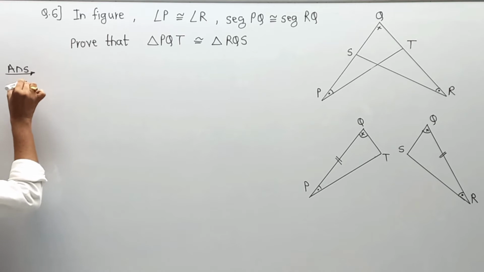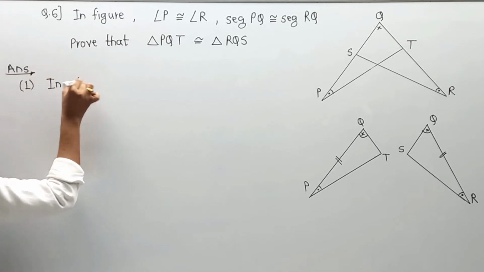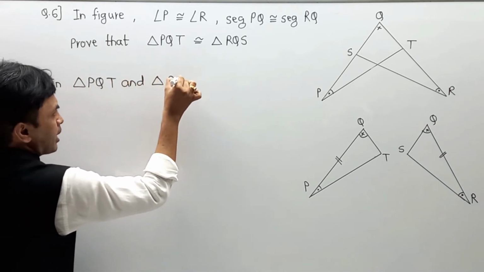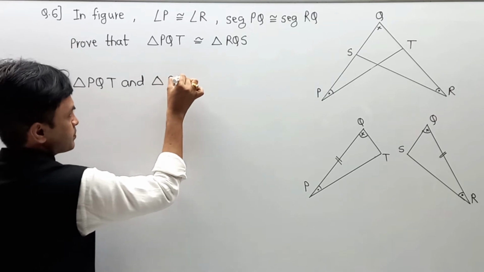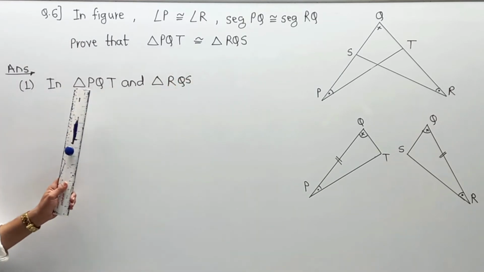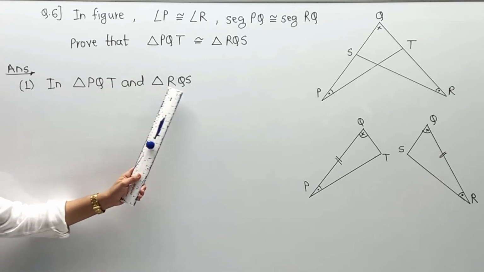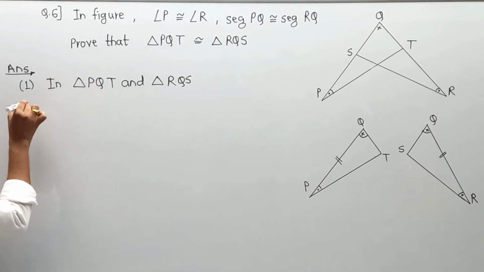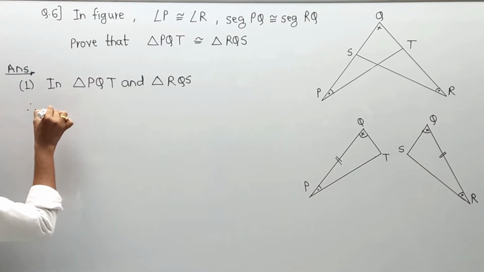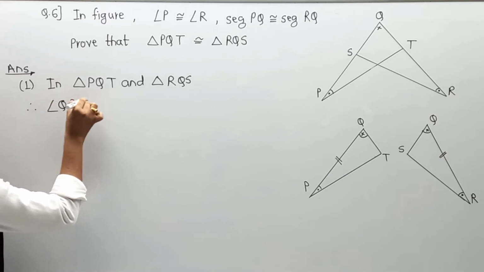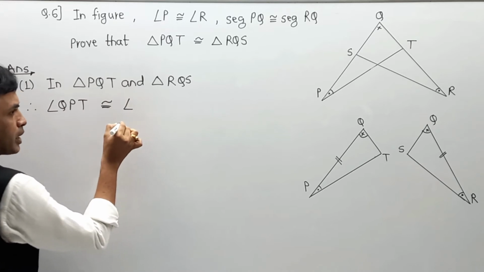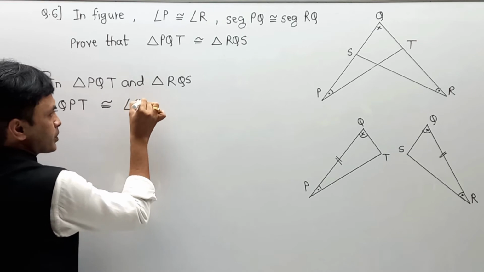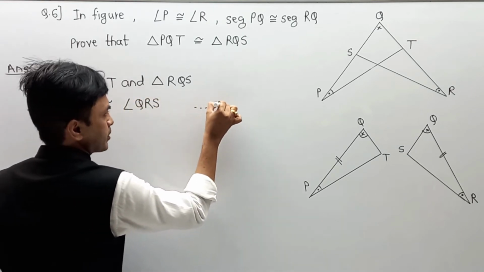So starting from that part, in triangle PQT and in triangle RQS, one by one, they have given angle P congruent to angle R. So writing its proper name, angle QPT is congruent to angle QRS. Reason given.